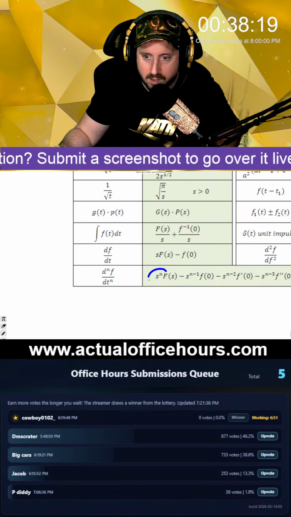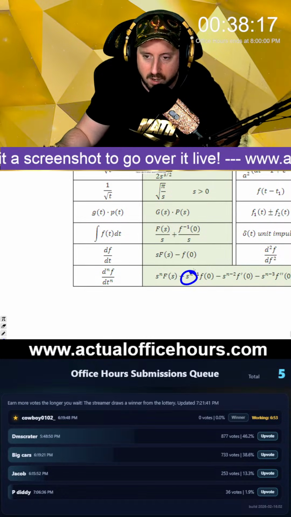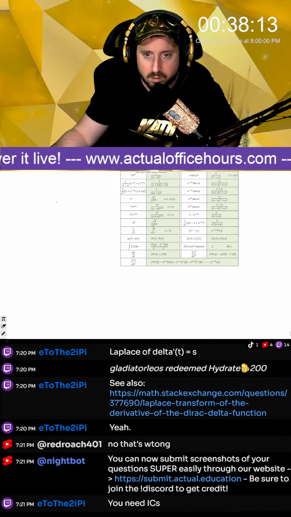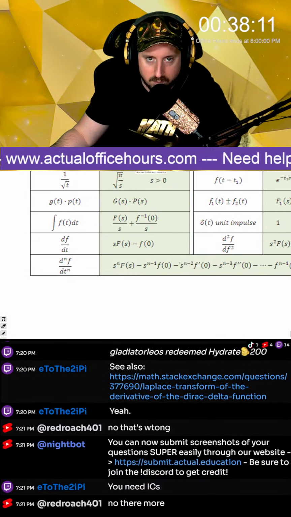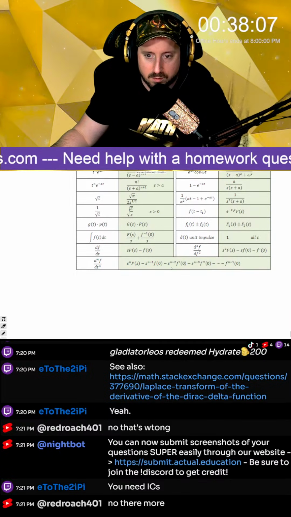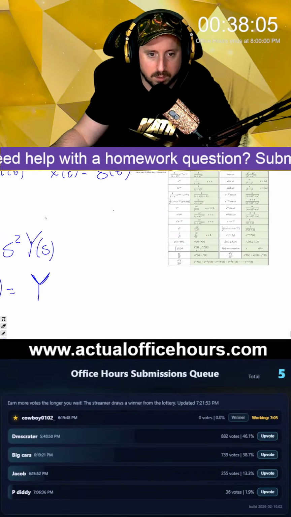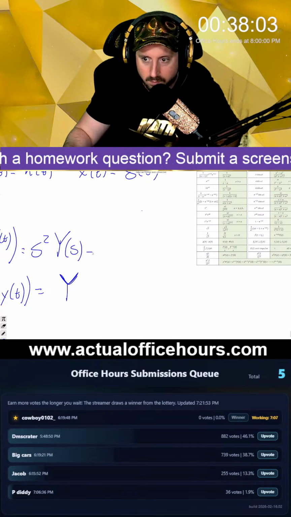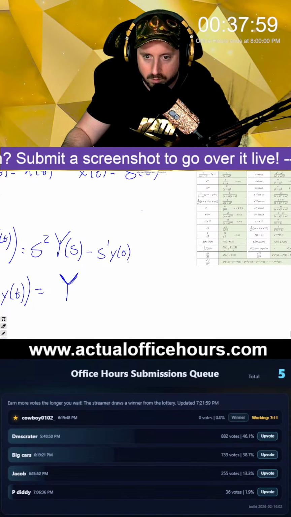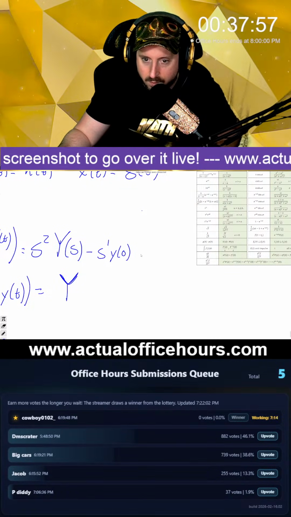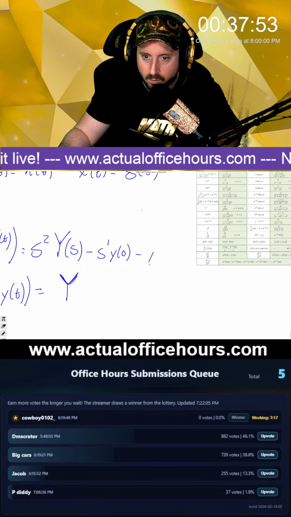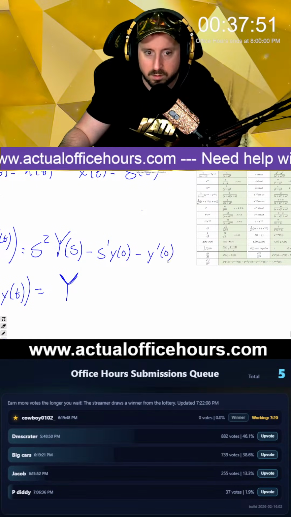Second derivative, right? s squared f of s, and then this would be, oh, s f of 0. All right, my bad. I need ICs. Okay. All right, s y of 0, right? s to the first, y of 0, do we agree with this? And then minus y prime of 0.